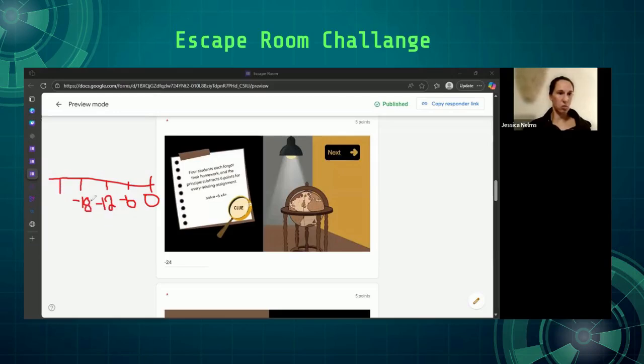And adding 6 more to -18 gets us to -24. And I'm just going to stop right there because I know that I only needed to go 4 times. But to check my work, I'm going to count 4 jumps. So 1, 2, 3, 4. And that lands us on -24.